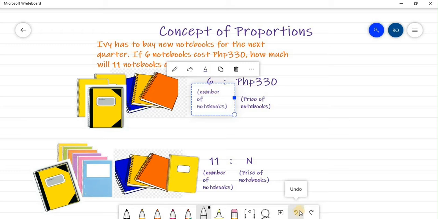So the problem involves two ratios which can be expressed in colon form.